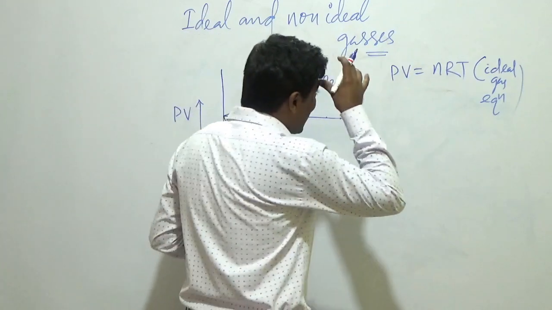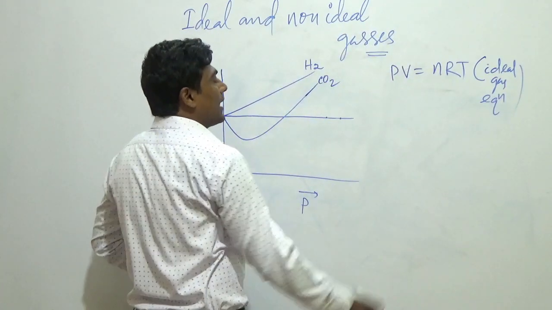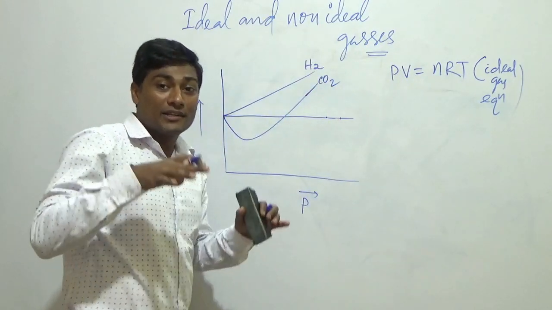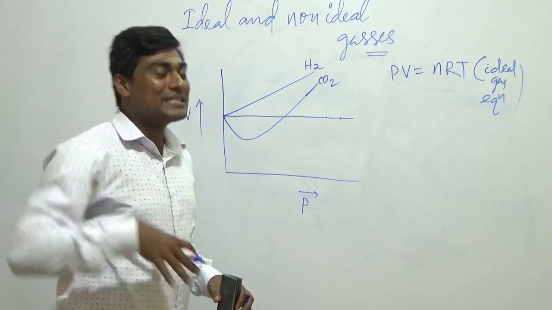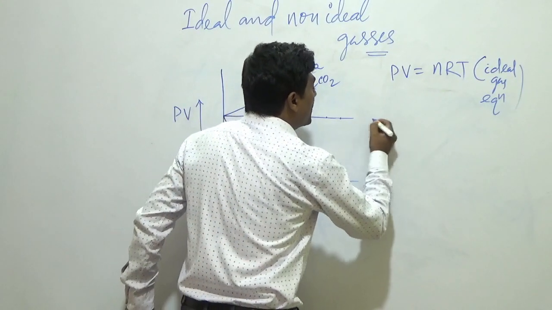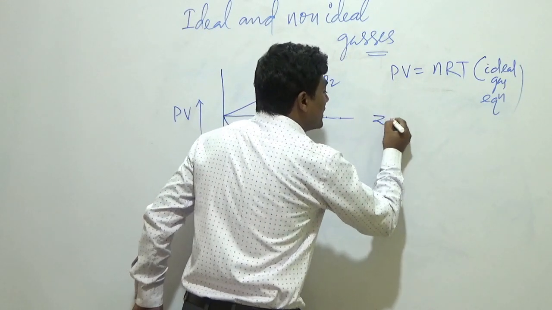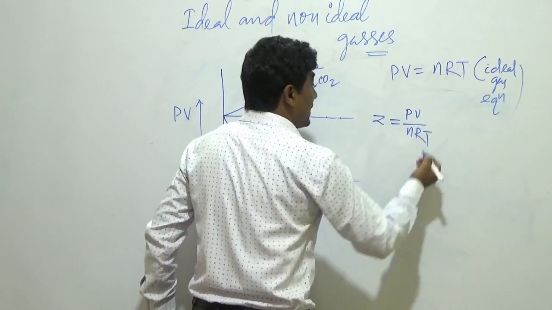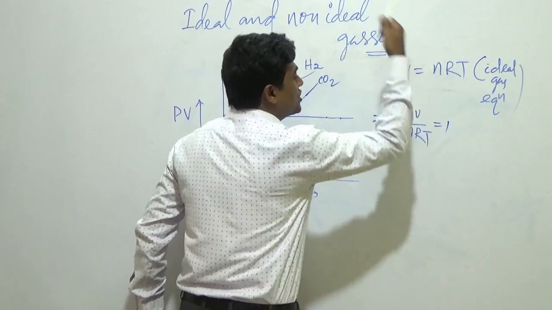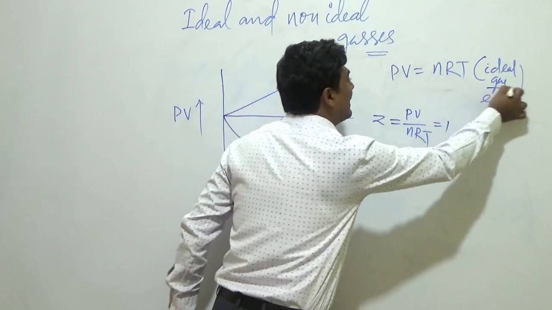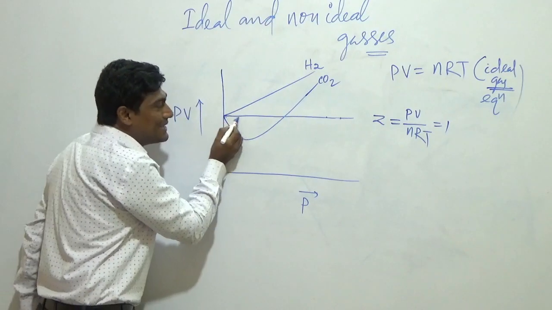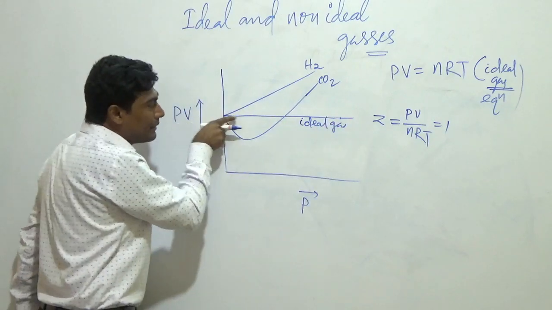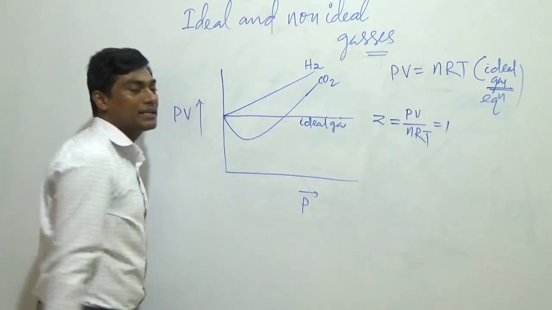So since PV is equal to nRT, we will define a term called the compressibility factor, that is Z is equal to PV by nRT, and this should be 1 because PV is equal to nRT, and this is for ideal gas. And we know this curve is for ideal gas, since PV remains constant whatever high the pressure is.